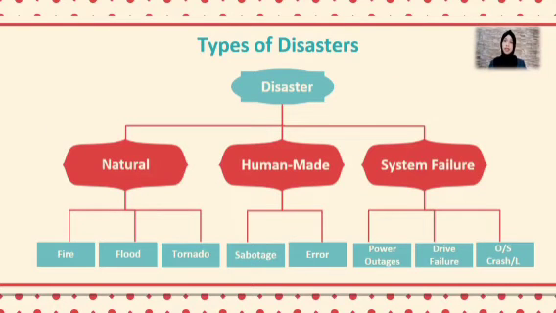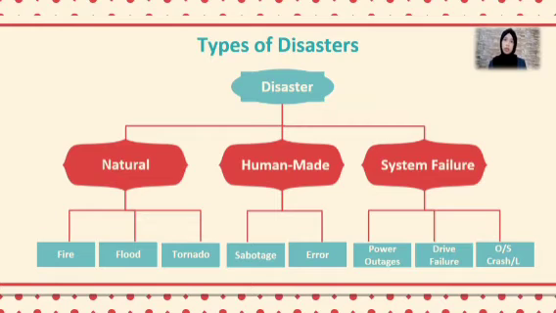Now let's move on to disaster recovery planning. Before that, let us find out what are the types of disasters. So, disasters such as earthquakes, floods, sabotage, and even power failures can be catastrophic to an organization's computer center and information systems. So, this diagram shows the three categories of disaster that can rob an organization of its IT resources.